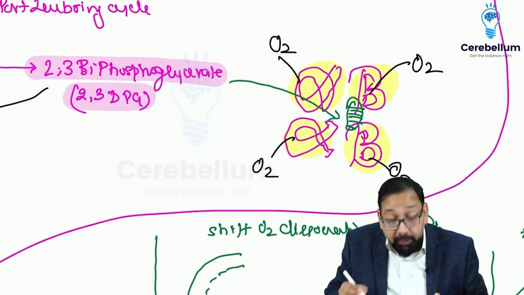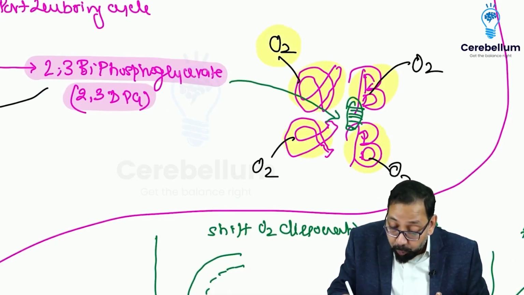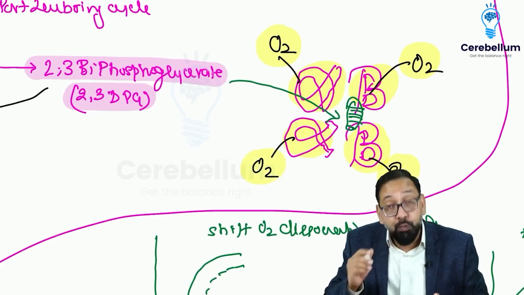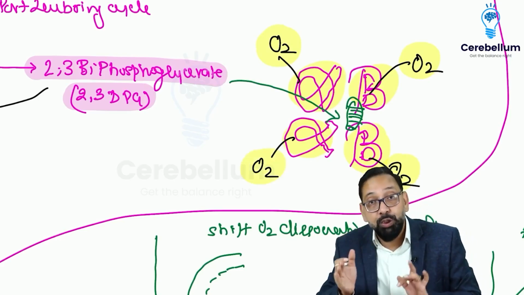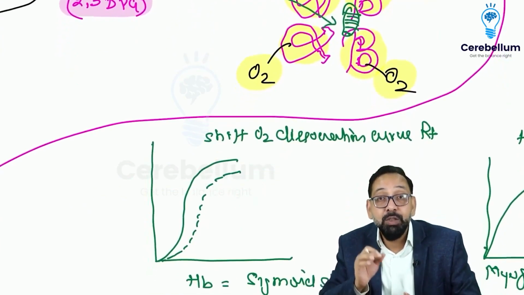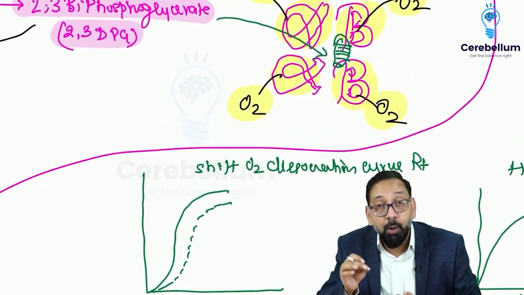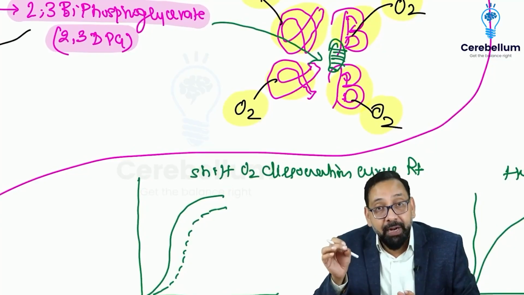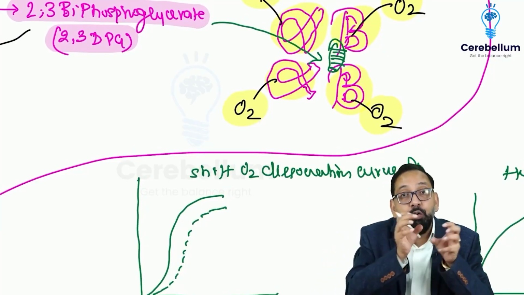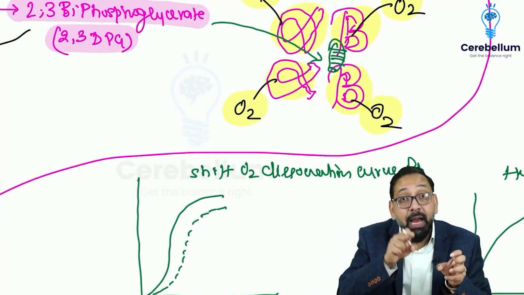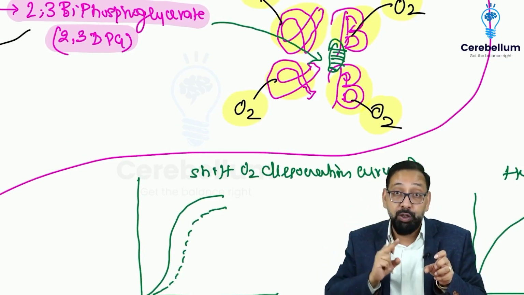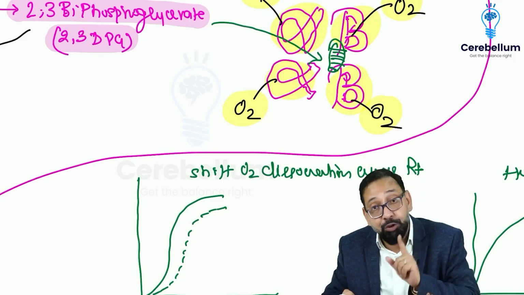Each globin chain binds to 1 molecule of oxygen, so 4 globin chains bind 4 molecules of oxygen, and there is a positive cooperative effect or positive allosteric effect. Binding of 1 molecule of oxygen increases the affinity for another oxygen molecule. This is called positive allosteric effect.